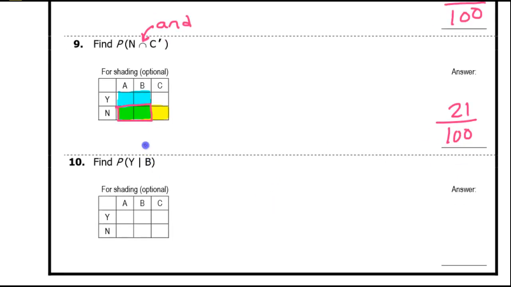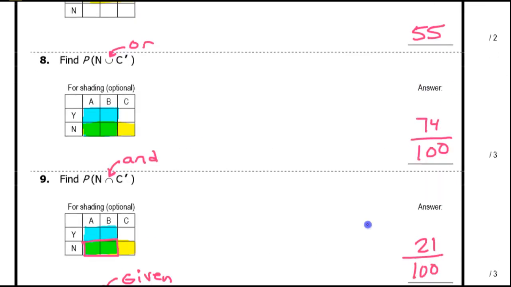All right, now this little bar right here is read given. So we want the probability of Y given B. Okay, so first of all, the total is going to change. Probability is target over total.